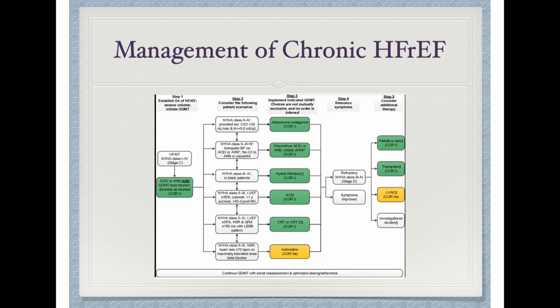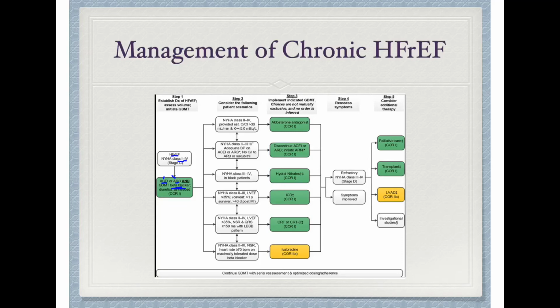Just to review, when we diagnose a patient with reduced ejection fraction, regardless of their NYHA class, they should be started on an ACE inhibitor or angiotensin receptor blocker, in addition to a beta blocker, provided they don't have any contraindications, such as hyperkalemia or hypotension or poor renal function for either the ACE inhibitor or angiotensin receptor blocker, and no hypotension or AV block or bradycardia for beta blocker use.